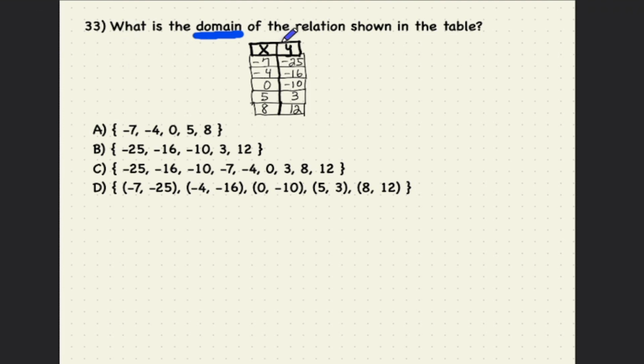If you take a look at the table and focus only on the x values, we have -7, -4, 0, 5, and 8. Which of these answer choices has -7, -4, 0, 5, and 8, which are all the x values? Well, it is answer choice A. Now let's move on to number 34.